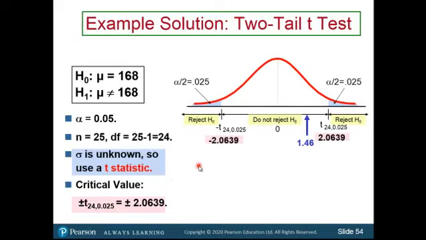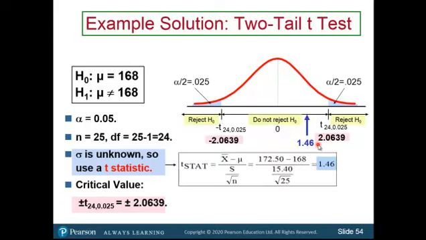Then we draw the distributions for the two-tail test, where this is the critical value t equal to negative 2.0639 to the left, and to the right we have a critical value equal to 2.0639, and we use the calculated value, the t calculated or the t stat value, which is 1.46. 1.46 comes from the t stat formula: x bar minus mu divided by sample standard deviation divided by square root of n.